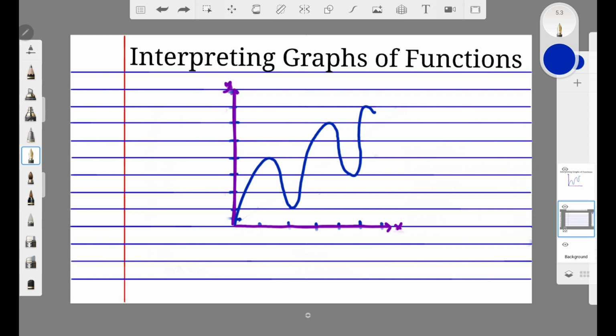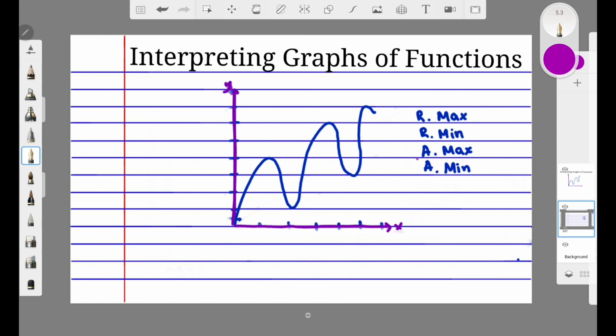Now let's say we're given a different type of graph. From here, we need to be able to identify our relative maximum, relative minimum, absolute maximum, and absolute minimum. So let's go over all of these regarding this specific graph.